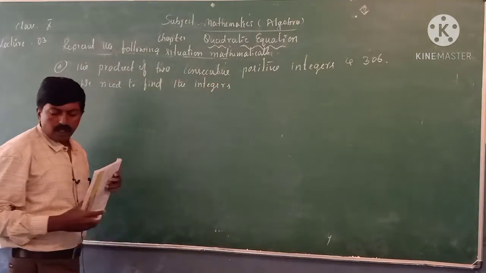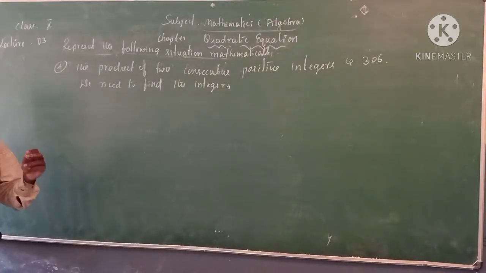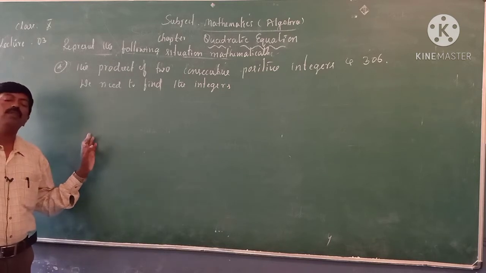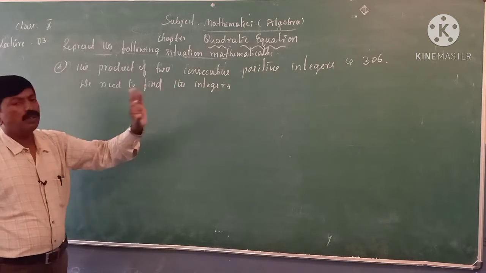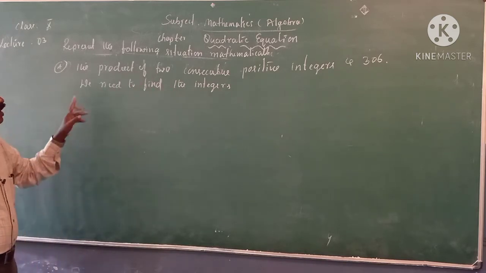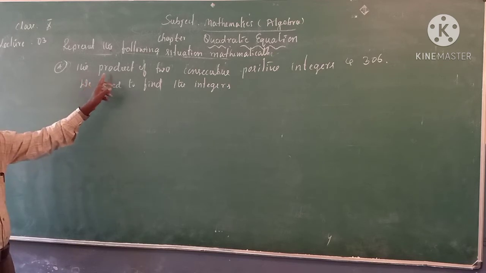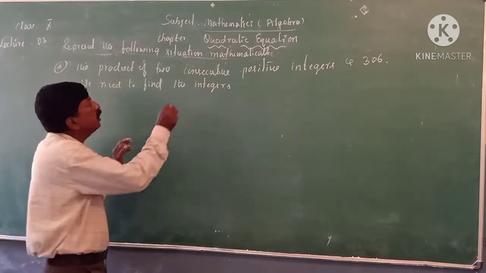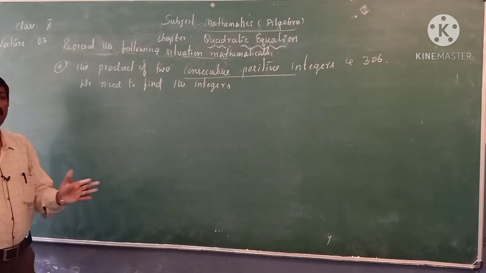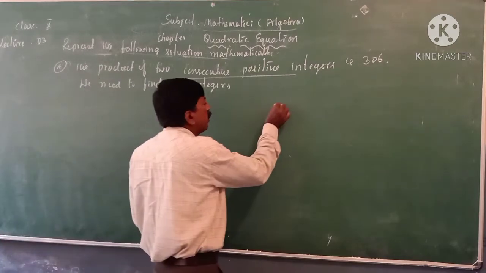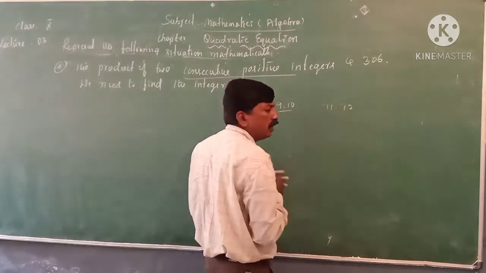So suppose we need to find the integers, what do we have to do? We have to make this statement into a quadratic equation, then only can you find the x value. So now, represent this statement as a mathematical statement. What do you know about consecutive integers? The numbers which are nearby, for example, 9 and 10 are consecutive integers. 11 and 12 are consecutive integers.